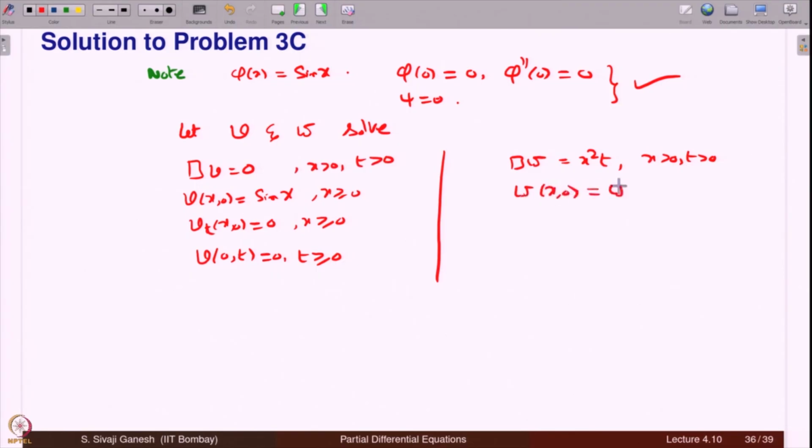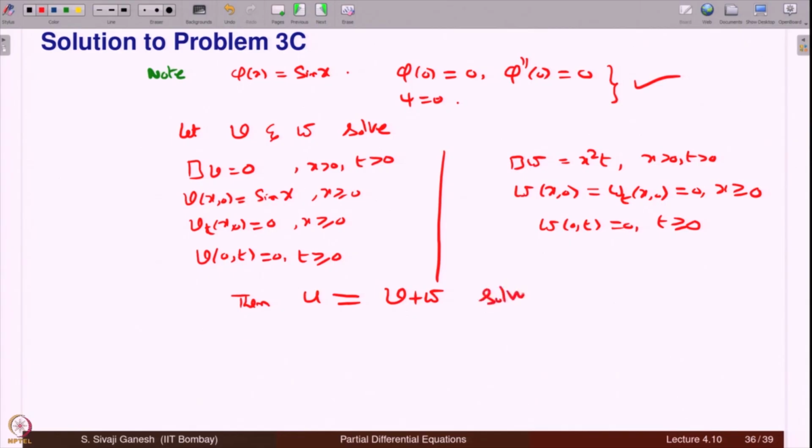W of (x, 0) and W_t of (x, 0) are 0, and W of (0, t) is also 0. Then U equal to V plus W solves the given IBVP in problem 3C.